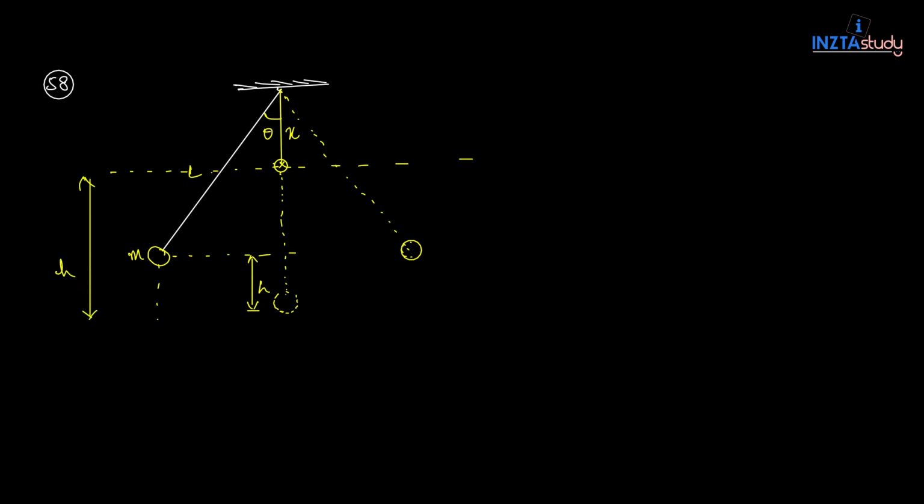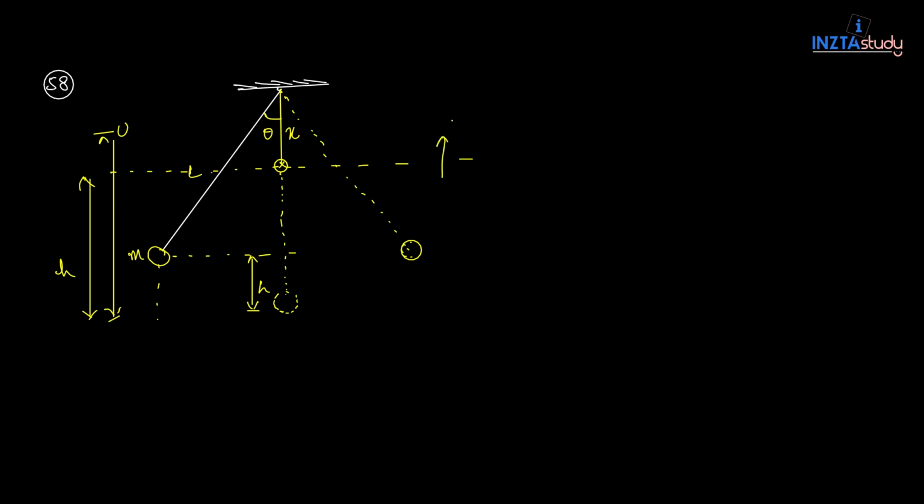Because if we are releasing this ball from a height more than this, it has a gravitational potential energy more than this mg into the small h. It means when it comes to this position, it will gain some velocity and it will go up and up, and it will cross this line because it has more energy than that.